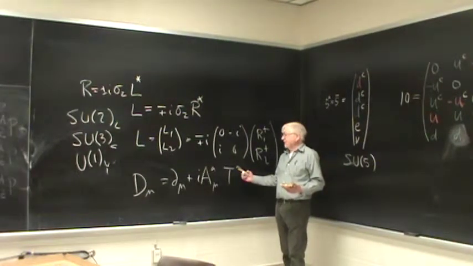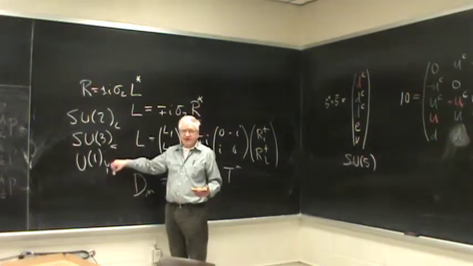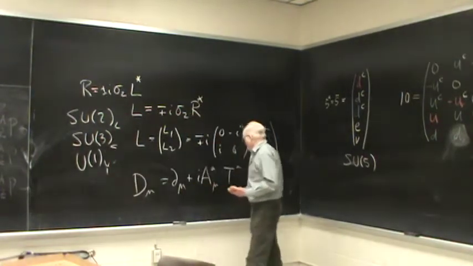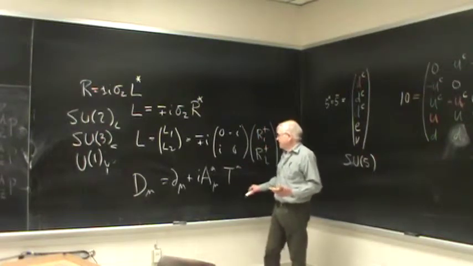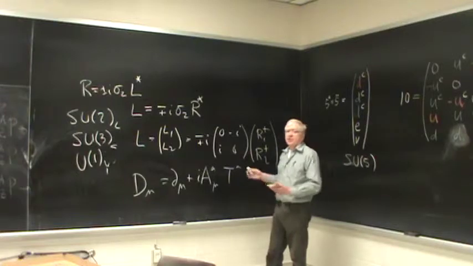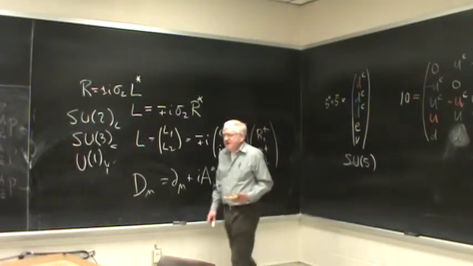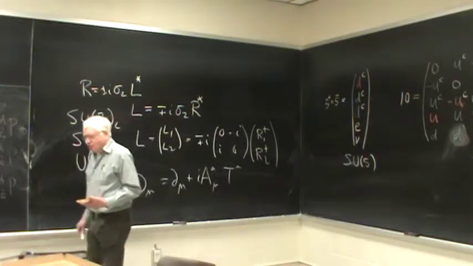So now you have a lot of generators, here you have 12 generators. You need more if you're going to put them all in one big group. But they're all only acting on the left-handed fields. Okay. This, however, creates a huge problem.